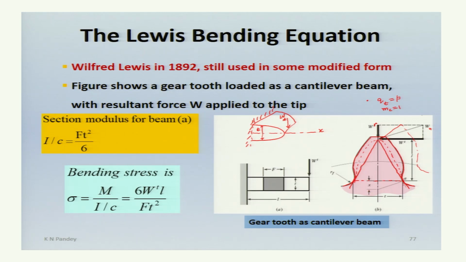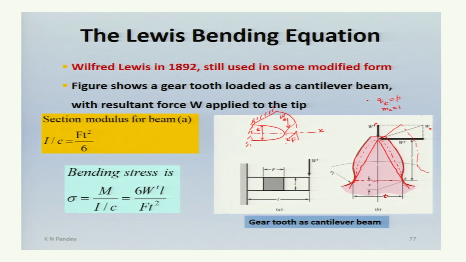Now, this root has a length equal to t, and it has a width given by f, a nomenclature used by Lewis.